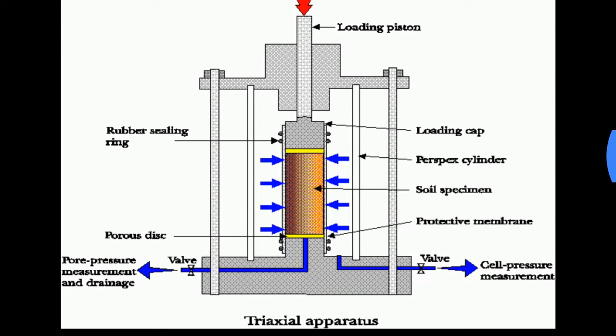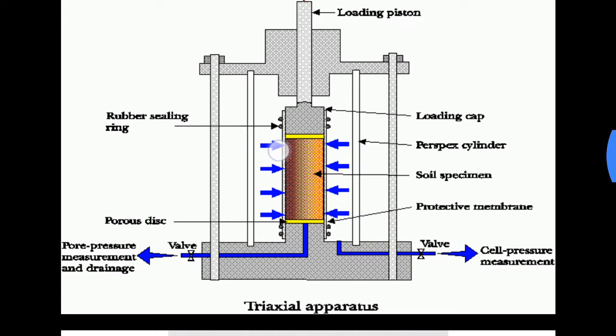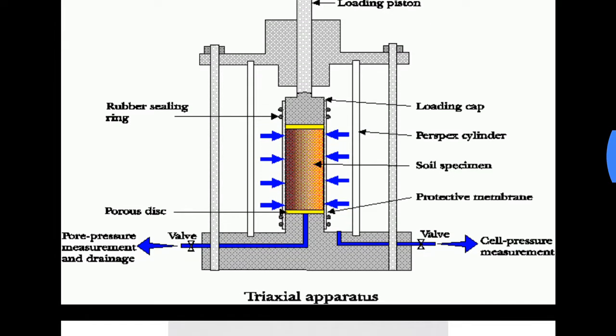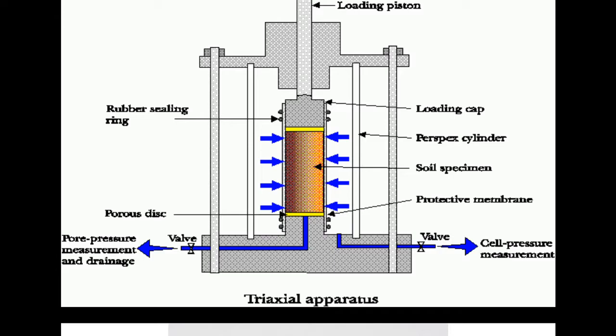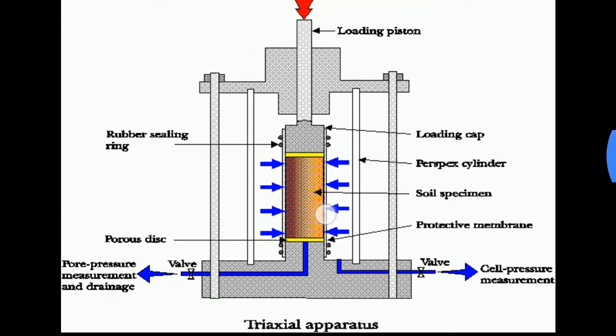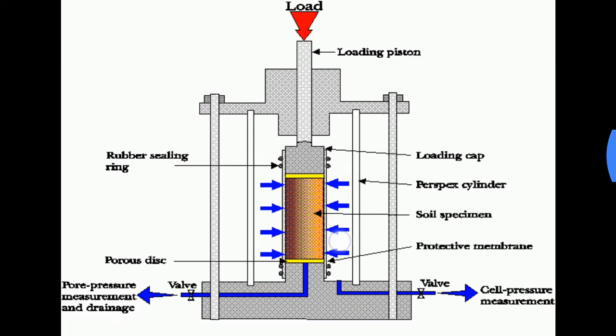Now this force, the force demarked by these blue lines, is applied by water. There is water pressure, and due to which a load is being applied in this direction.